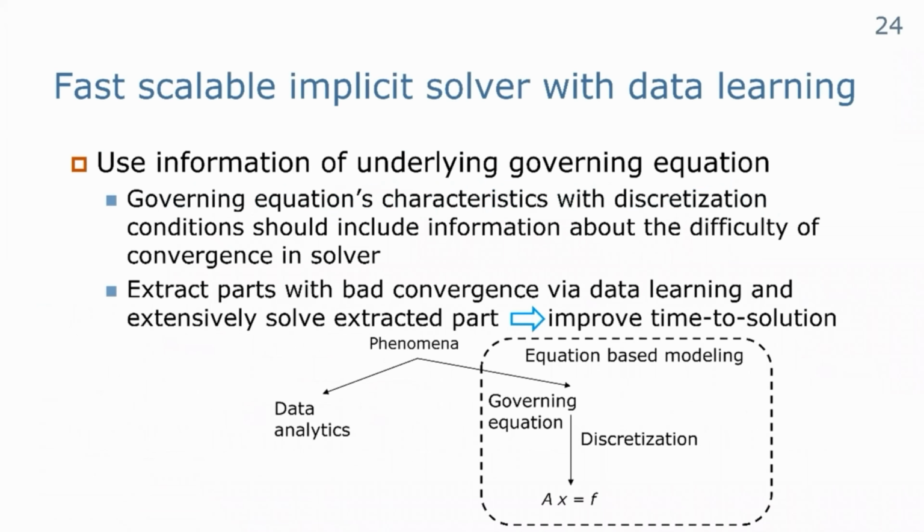The governing equation's characteristics with discretization condition should include information about the difficulty of convergence in the implicit solver. So we extract the part with bad convergence via data learning and extensively solve the extracted part. That improves the time to solution.